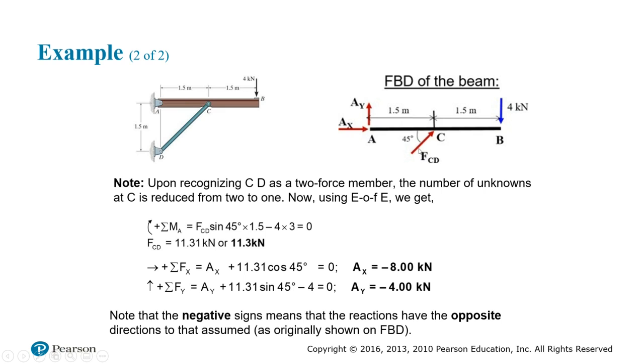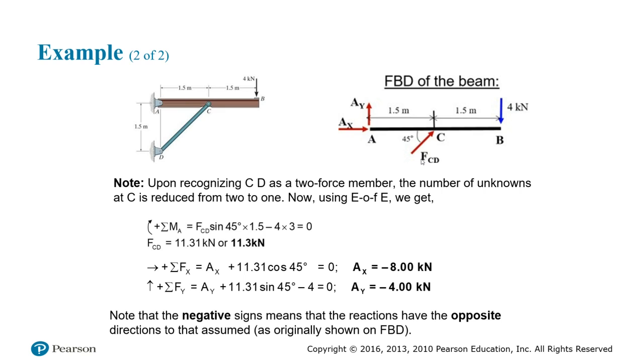And the reason we're only computing the vertical component of FCD, which we can get by multiplying the magnitude by the sine, and notice that that vertical component will rotate in the counterclockwise direction, so it will be positive, is because, again, the horizontal component doesn't contribute to rotation. So just from enforcing rotational equilibrium by computing a moment about A, you can find this magnitude FCD.